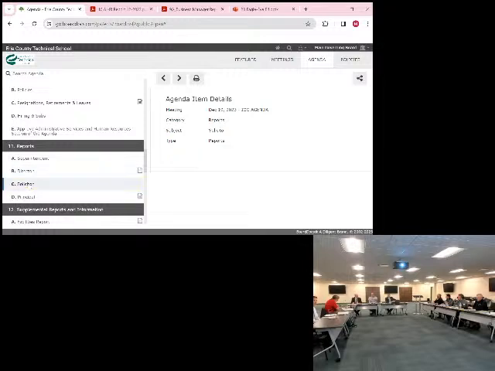Solicitor's report. Well, we've already talked about the new case that interpreted the Sunshine Act, so everybody is aware of that. It's creating havoc. You can't amend your agenda to add contracts or anything that deals with the spending of money.